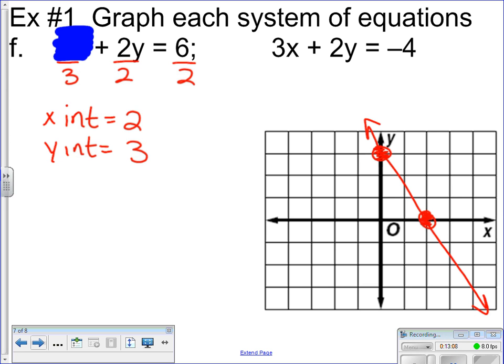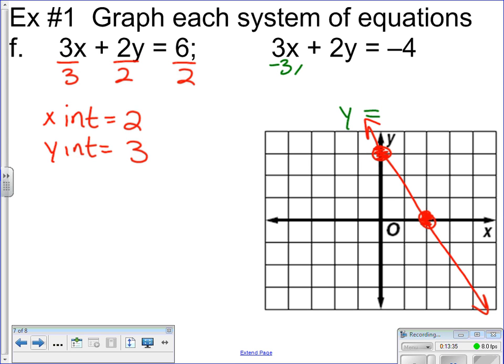Now for the other equation, if I come over here and cover up the x, I divide by 3, I get a decimal. Now, graphing a decimal may be difficult. So instead of doing it this way, I'm going to go ahead and change the equation into slope-intercept form. So to do that, I need to make this y equals.